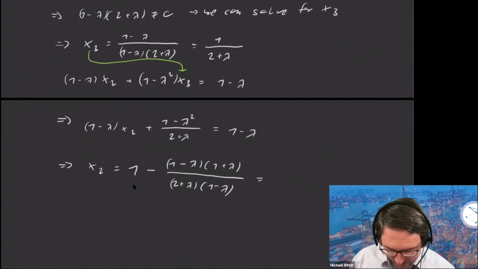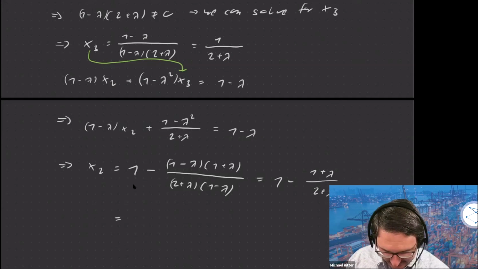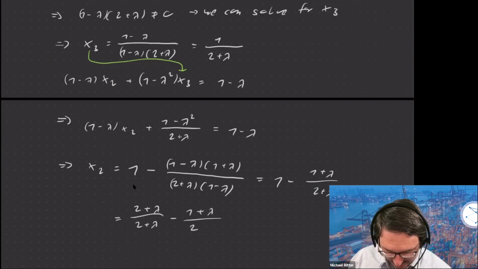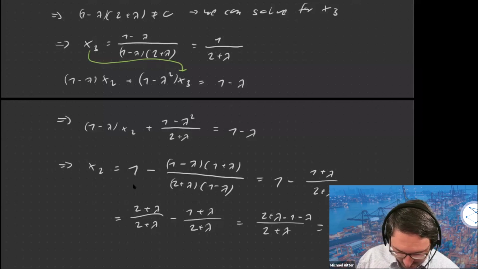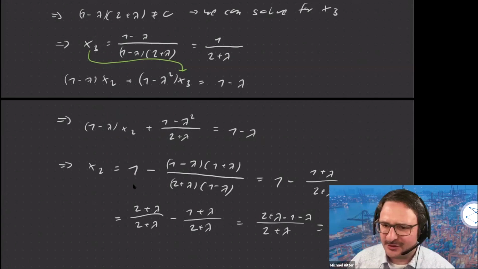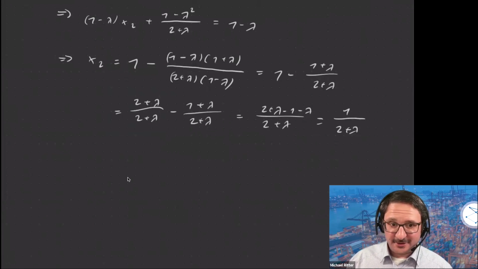So that is 1 minus 1 plus lambda over 2 plus lambda. And that is 2 plus lambda over 2 plus lambda minus 1 plus lambda over 2 plus lambda. So what I get is 2 plus lambda minus 1 minus lambda. That leaves me with 1 over 2 plus lambda. That looks nice. That seems to be right. Okay, so that's my x2.